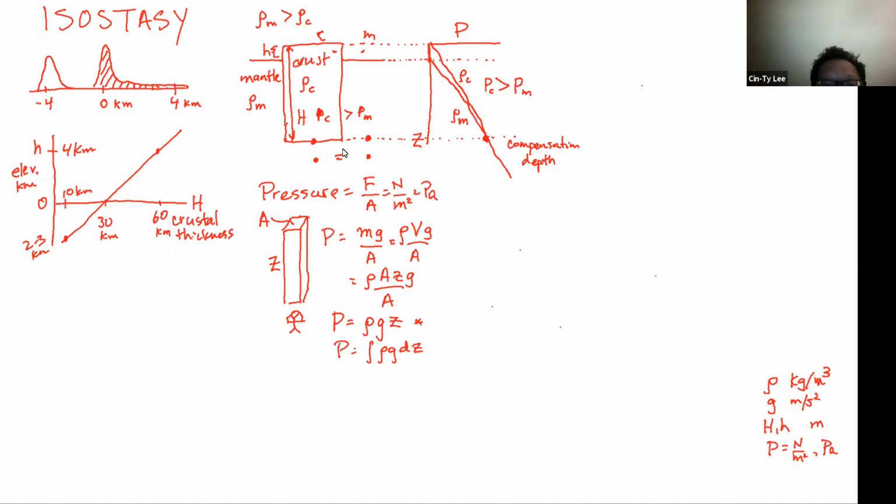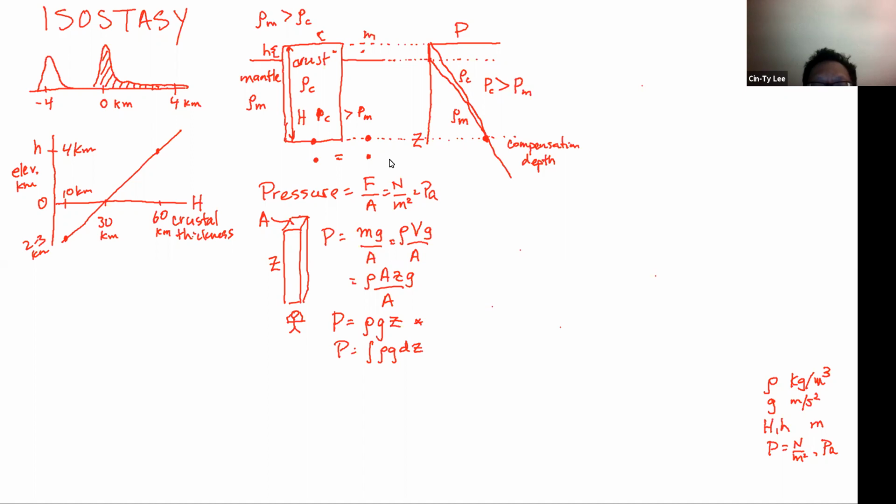Okay, and as a consequence, this crustal block, which we're going to assume for now is rigid, is in what we call isostatic equilibrium. It does not move. It will not be pushed up or pushed down simply because there's no flow in the mantle beneath it. And so the concept of isostasy, that word, iso means same, and stasy means static, not moving, is basically this. It's not moving.